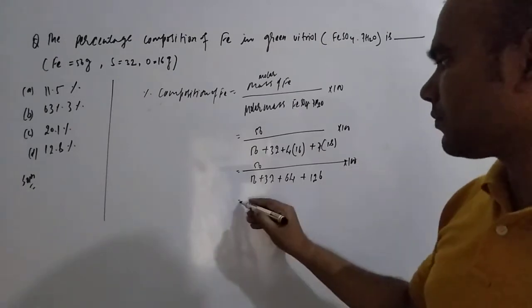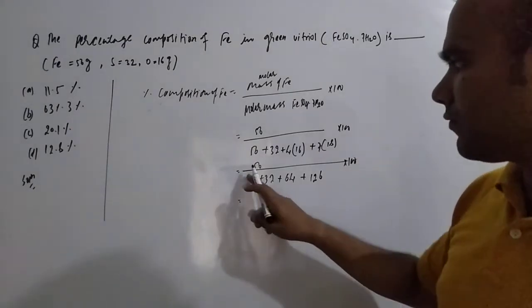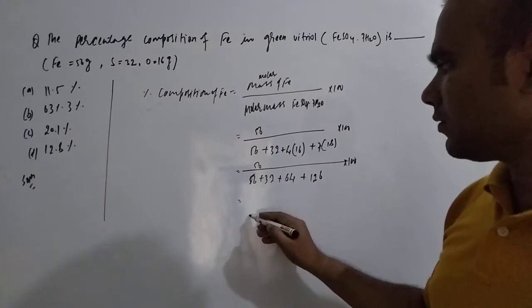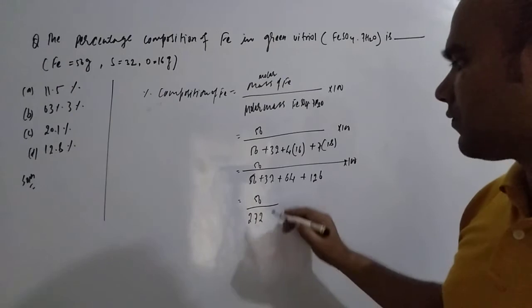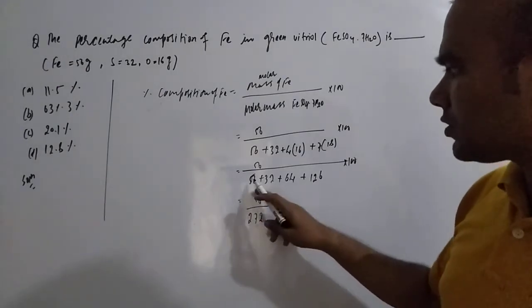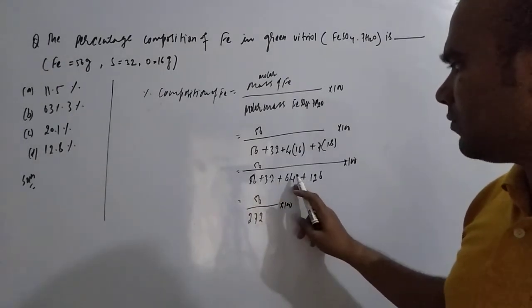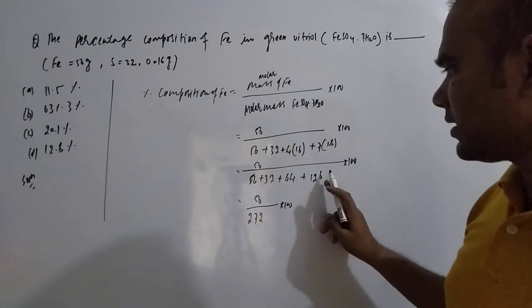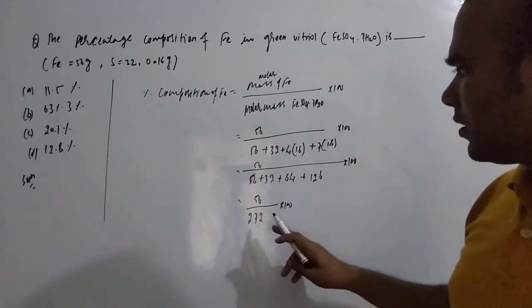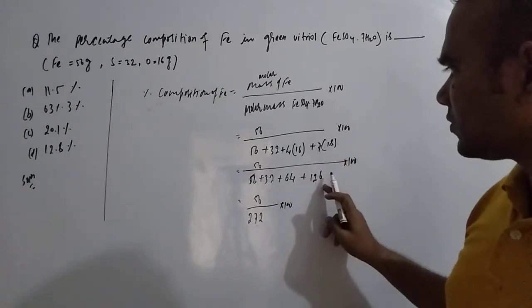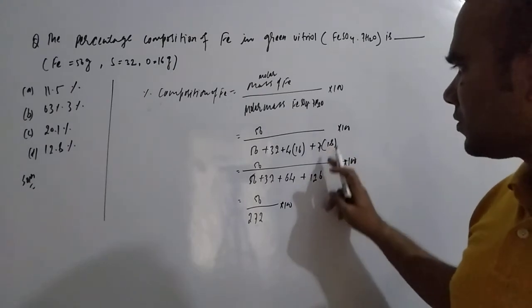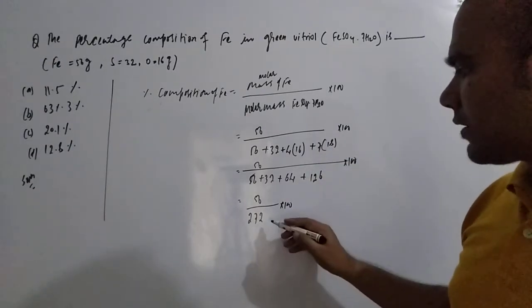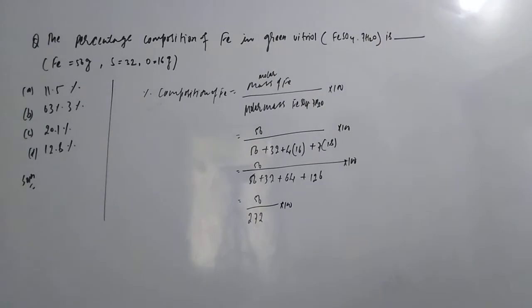So if you add all of this, 56 and all, let me check out the values.